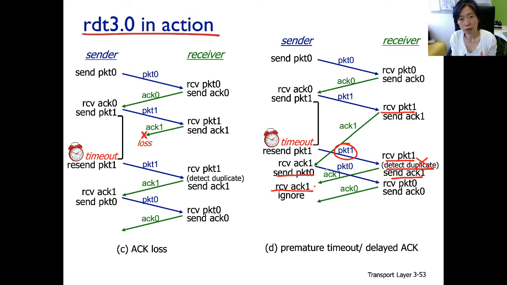Well, if the sender receives a corrupted ACK or an acknowledgement that's not quite the sequence number that's expected, then it's probably a negative acknowledgement. So a corrupted acknowledgement, a negative acknowledgement, should trigger retransmission in version 2. But in RDT 3.0, what do we do there?